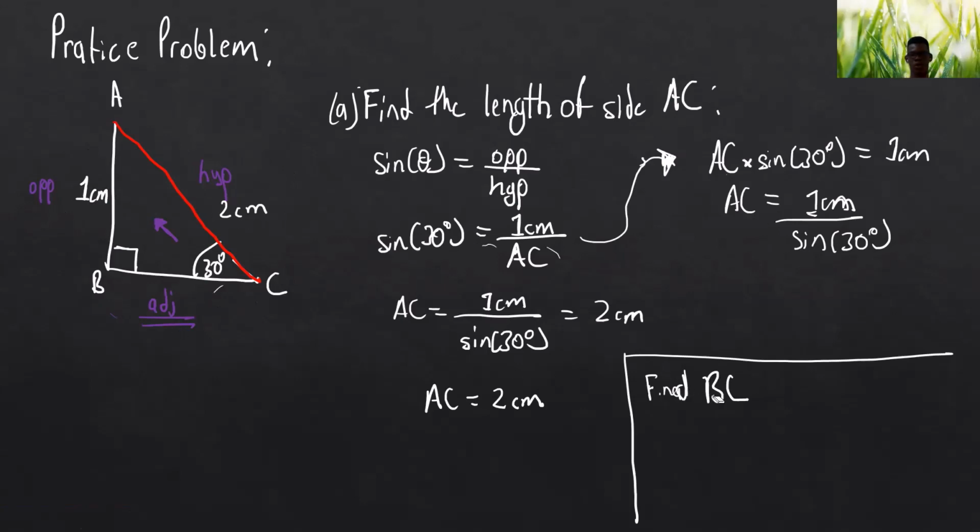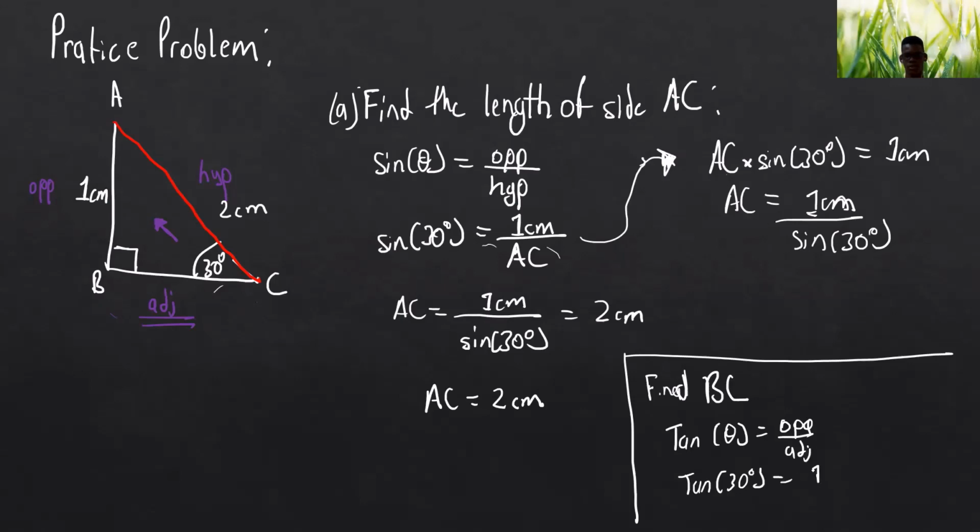Now, rushing ahead, we will have to use tan, right? And tan says tan theta is equal to opposite over adjacent. So that'll be tan 30 degrees is equal to the opposite side.